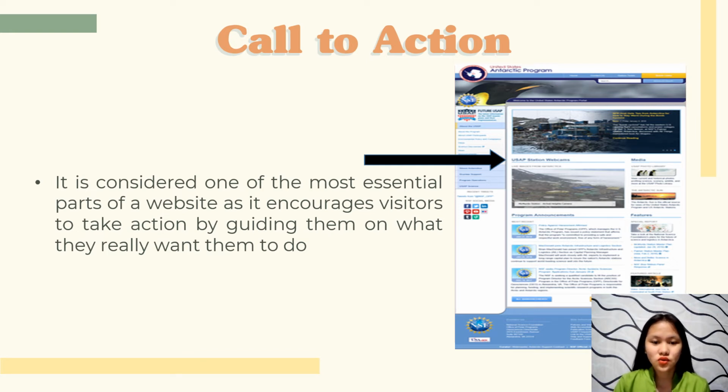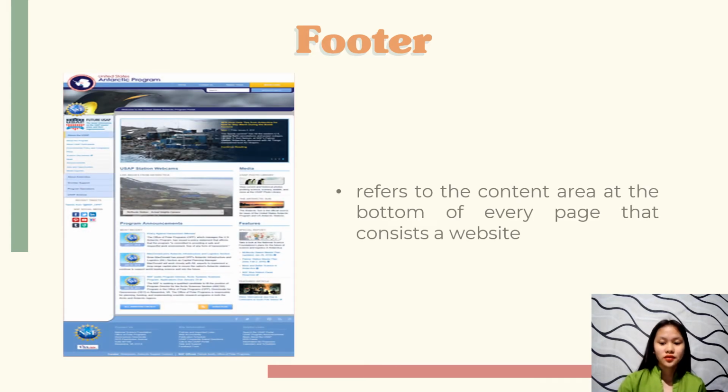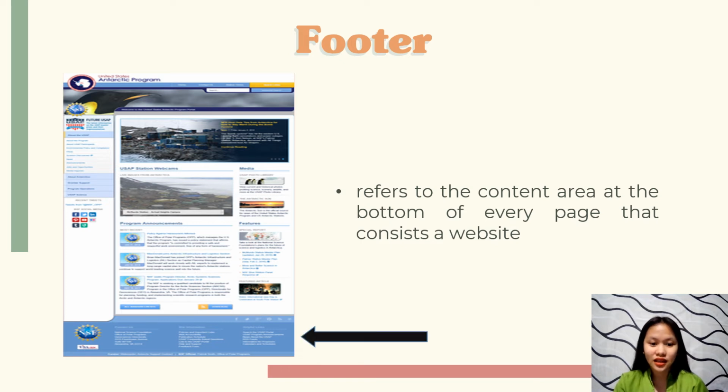Alright, let's move on to another. Last but not the least part of a website is footer. It refers to the content area at the bottom of every page that makes up a website. So simply it is located in here, at the bottom of a website.